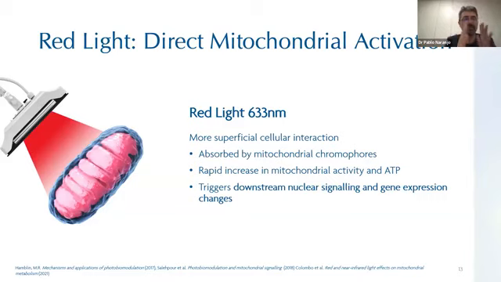So we need to be in a proper red light emission. And 633 is proven to be the most efficacious one. Why? Because it is absorbed by the mitochondrial chromophores, copper and iron. It rapidly increases the mitochondrial activity because it interacts directly with the nucleus and the organelles of the cell.